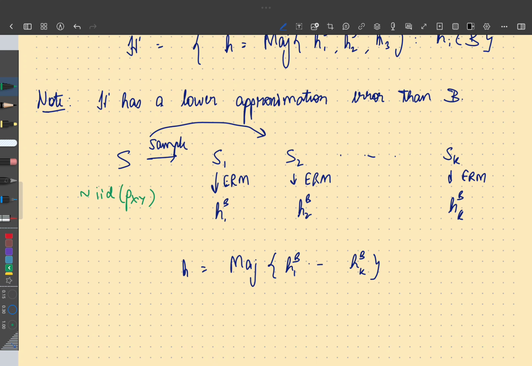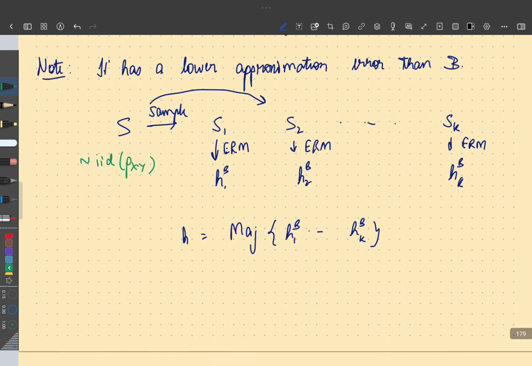If you take S1 and S2, the points in S1 are not really independent of the points in S2. Conditioned on S, the points in S1 are independent of S2. But unconditionally, S1 is not independent of S2 because both of them are derived from the same data set S.